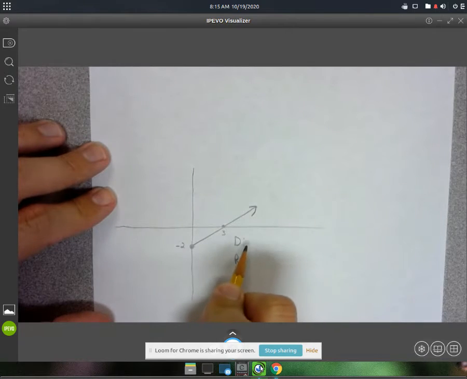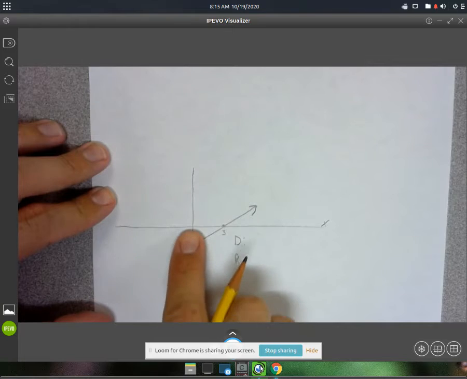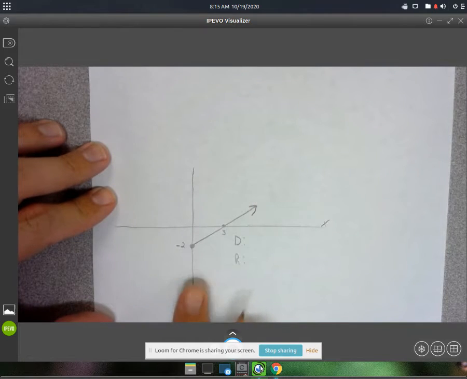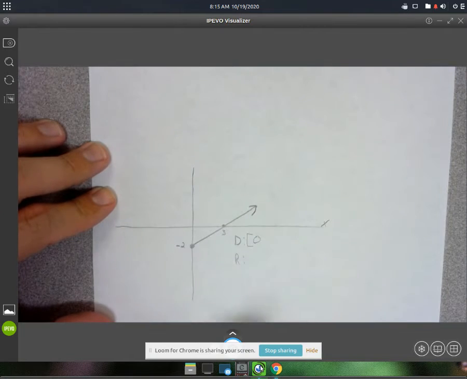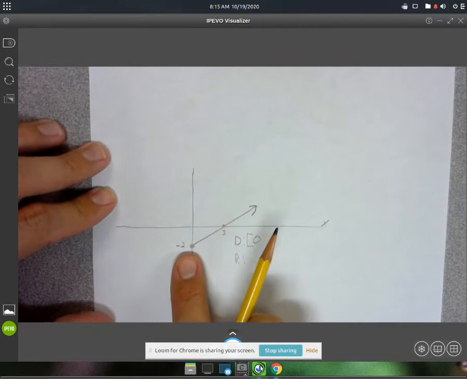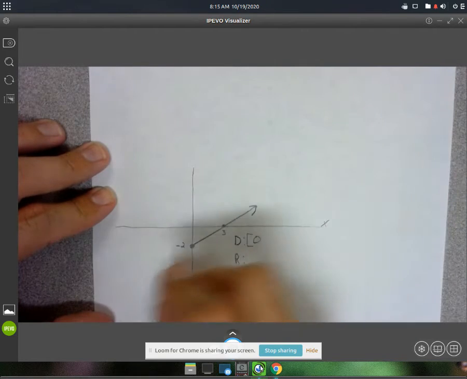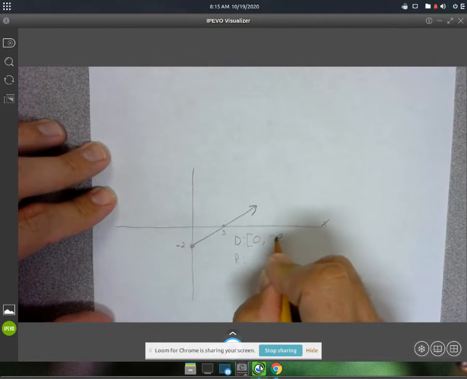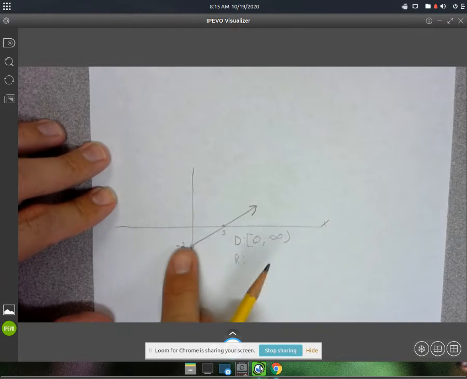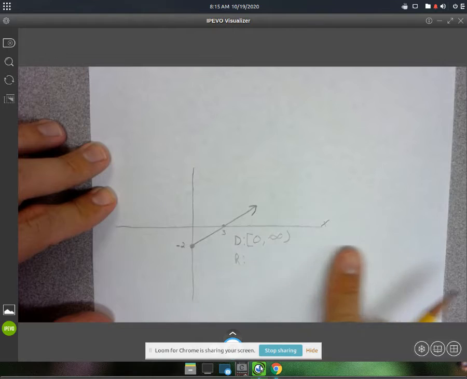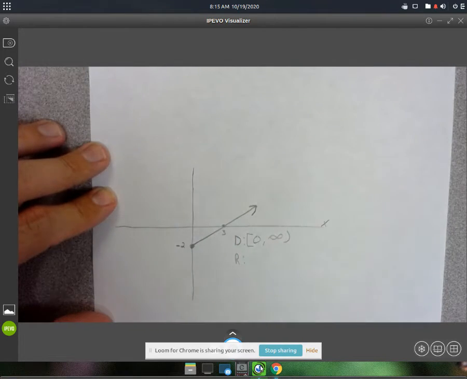So the furthest to the left it gets is 0 on x, and it will be a bracket at 0. And the furthest to the right it goes, we see here it goes up and to the right forever. So the domain is going to be 0 to infinity. Furthest to the left is 0, and the furthest to the right, since it goes up and to the right forever, would be infinity.